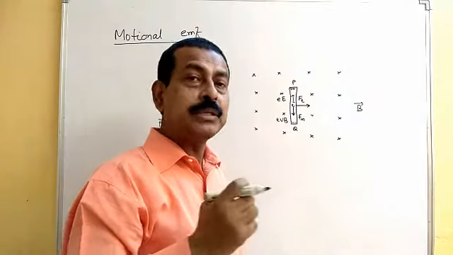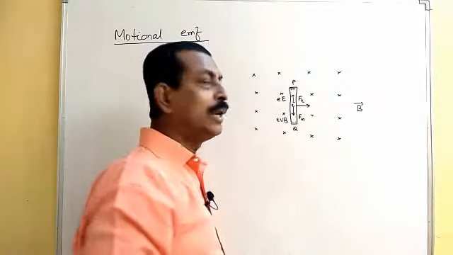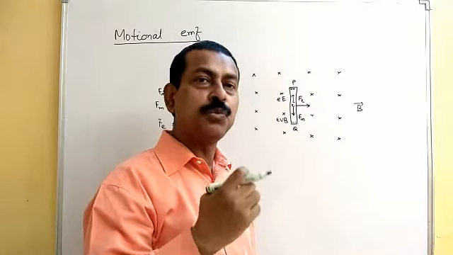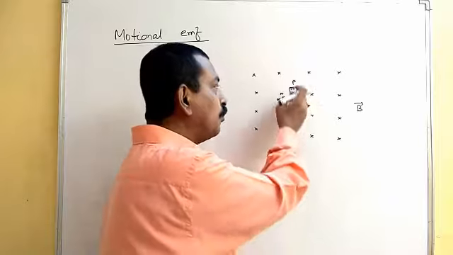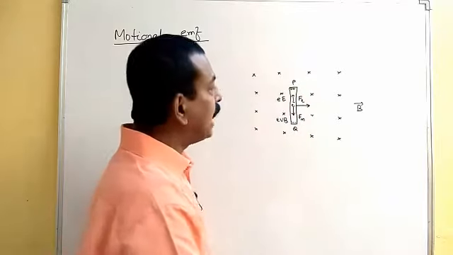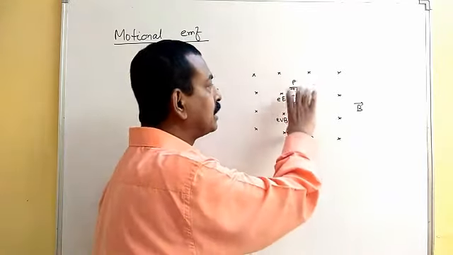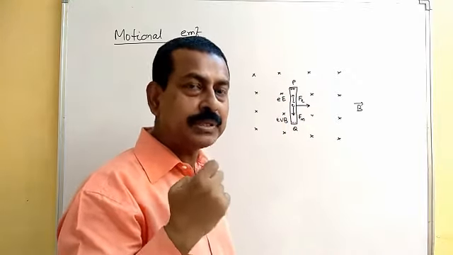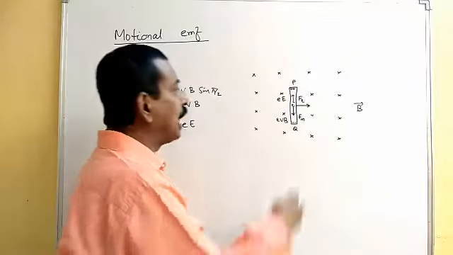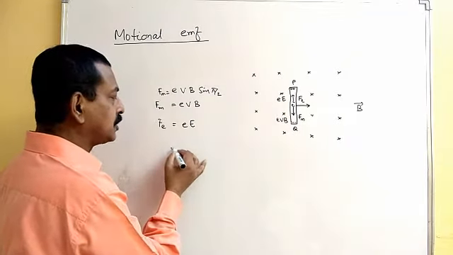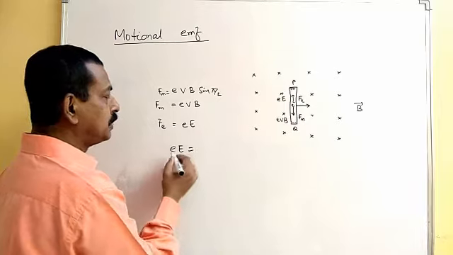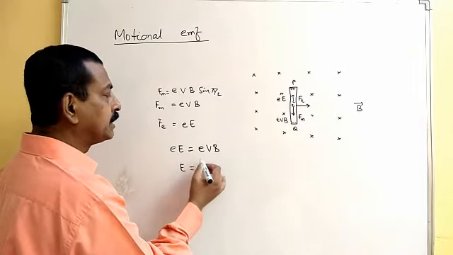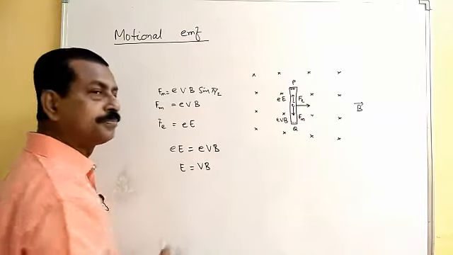The moment these two exert an equal amount of force, the further movement of these charges will be stopped, because with the accumulation of more and more charges, their field keeps increasing. So in equilibrium, when these two forces balance each other, we have qE equals qVB, or E equals VB.